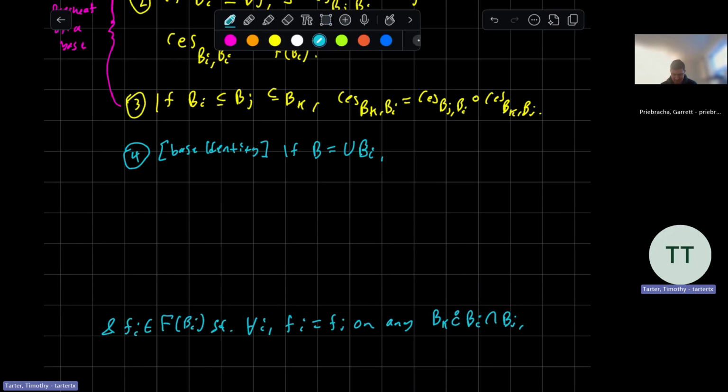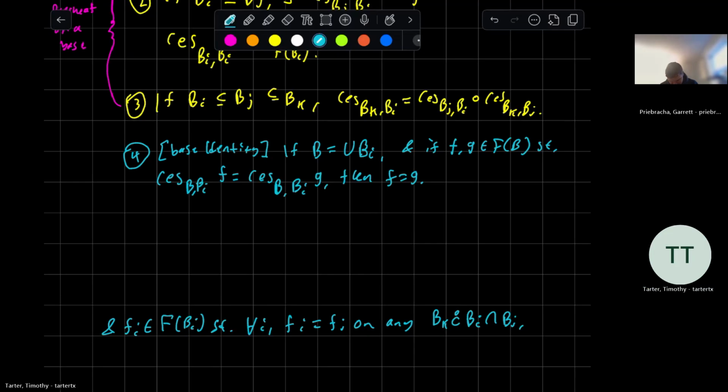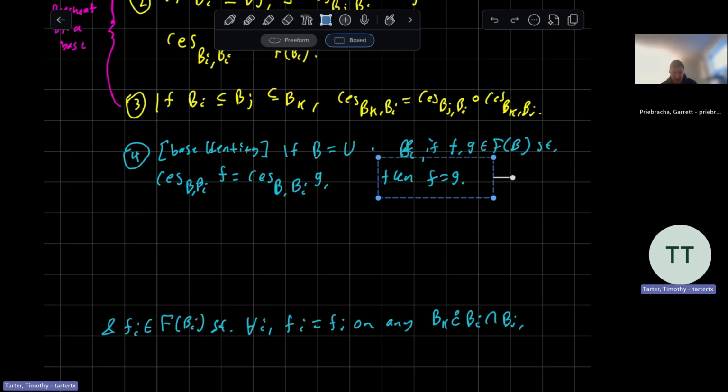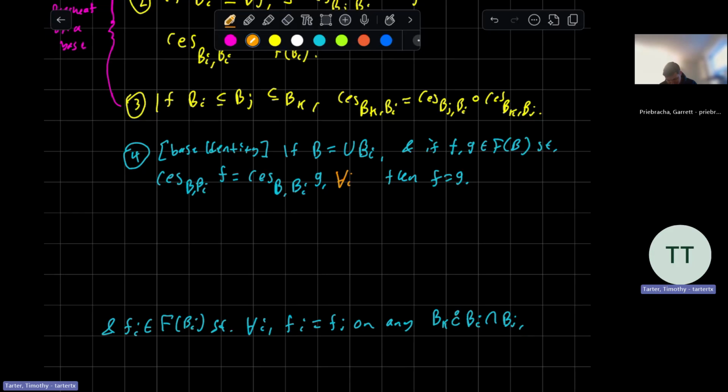But if B is equal to the union of B_i's, and if F and G are in the section over B, such that their restriction maps from B to B_i, F is equal to the restriction map of B to B_i of G, then F is equal to G. And it's worth noting that there's a very big for all i in here, that I feel like I keep forgetting to really highlight. For all i.